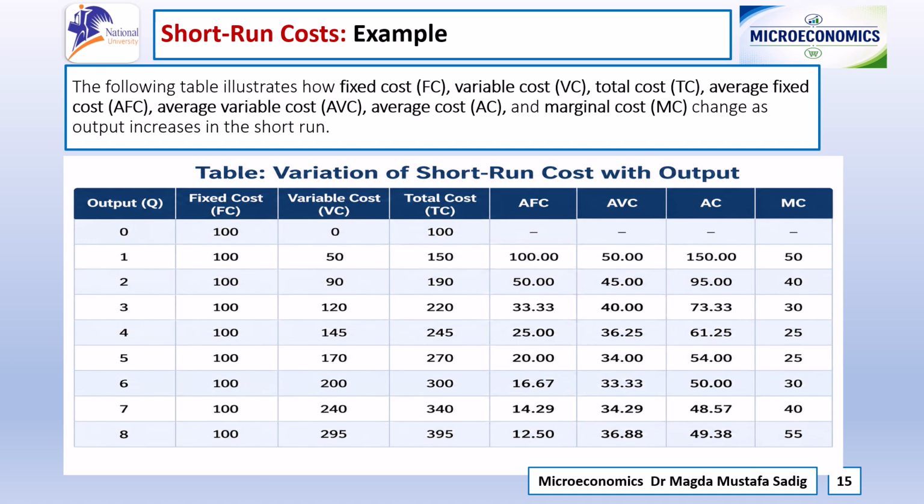Fourth, average cost generally decreases at first and later may increase because of diminishing returns. Finally, marginal cost reflects the additional cost of producing one more unit. Understanding these relationships is essential because they explain how firms determine efficient production levels.